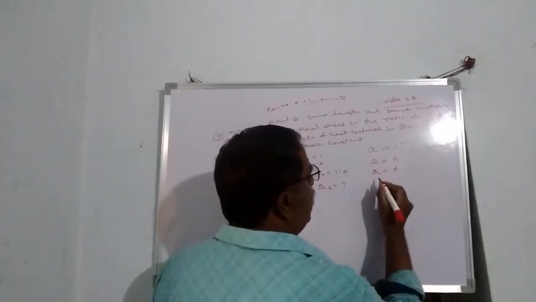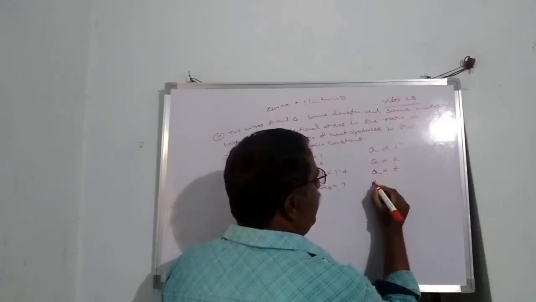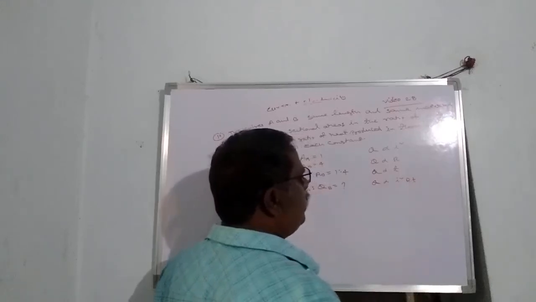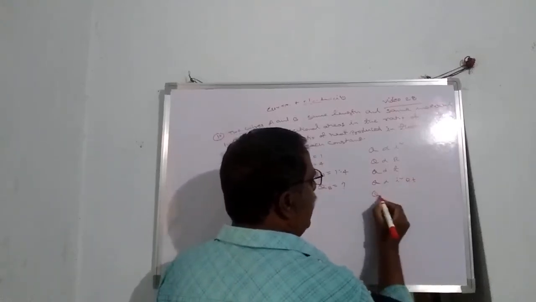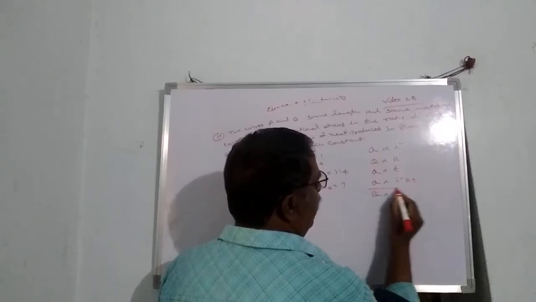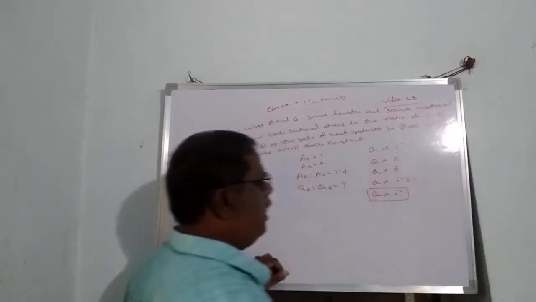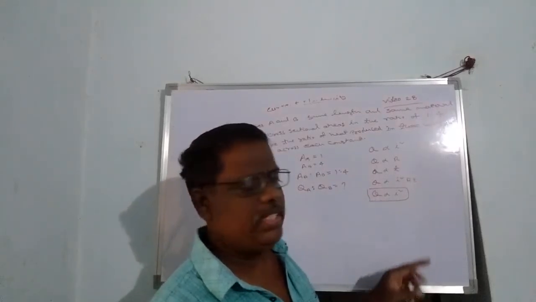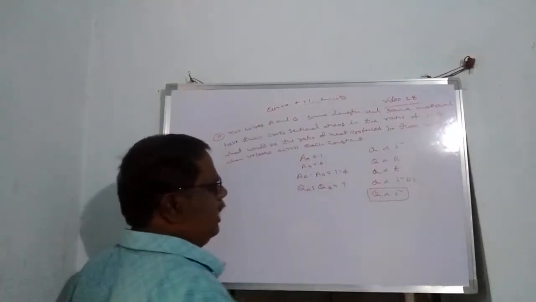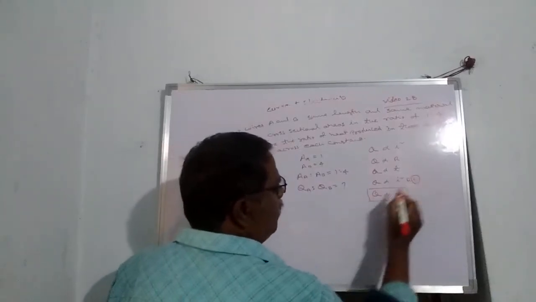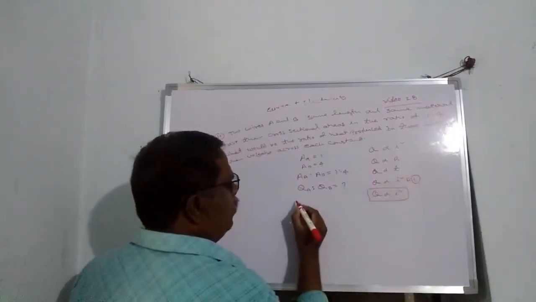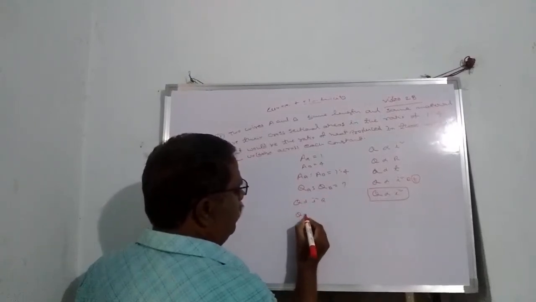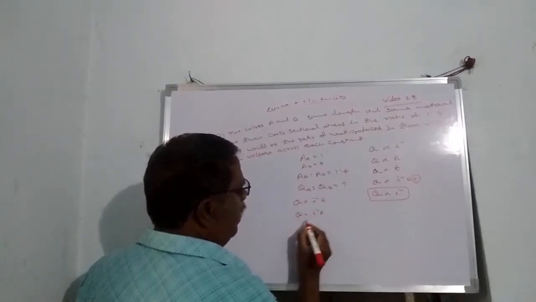If you combine all of these, Q is directly proportional to I square R T. So Q and I square are directly proportional, where I square is the square of the current, and T is the time of current flow. So Q is proportional to I square R.